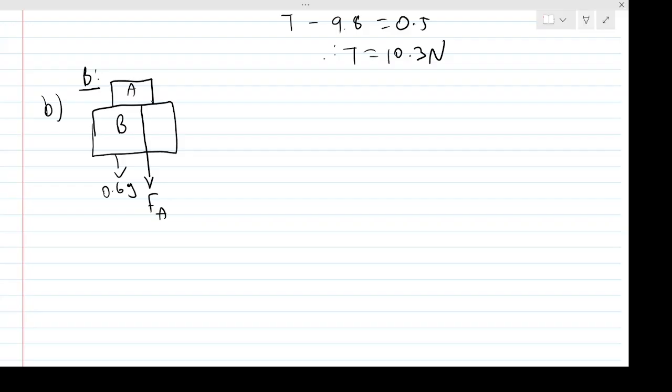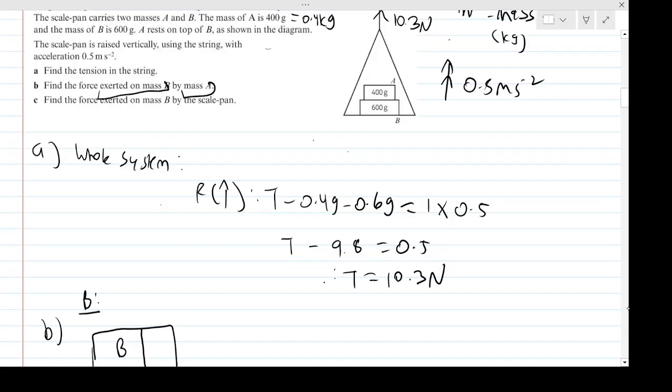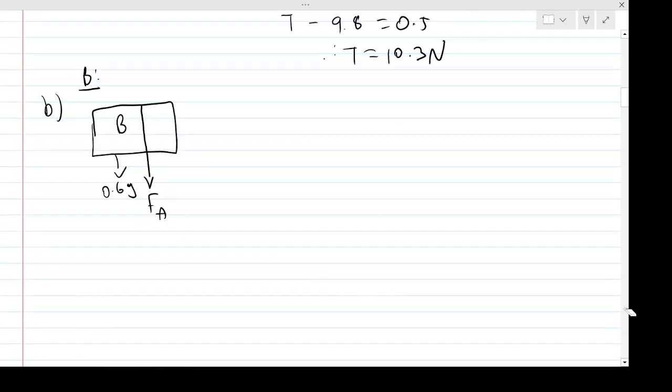We don't know what the force is, but I do know they create a force due to their contact with each other, okay? Likewise, that's not the only force on B, okay? That's what I want to work out. Remember, what it wants me to work out is the force exerted on mass B by mass A. Well, F_A is that force created by A onto B. But that's not the only force, right?